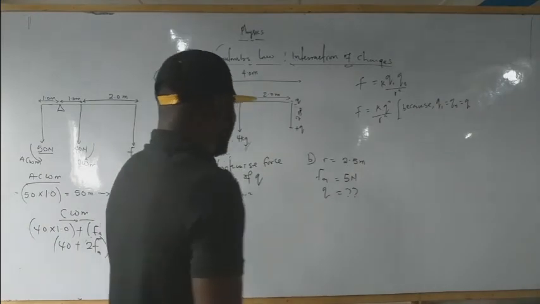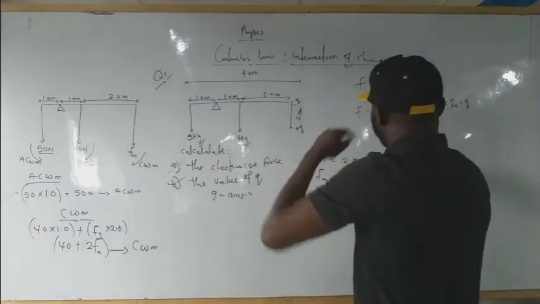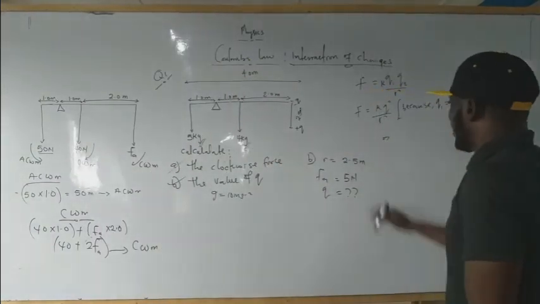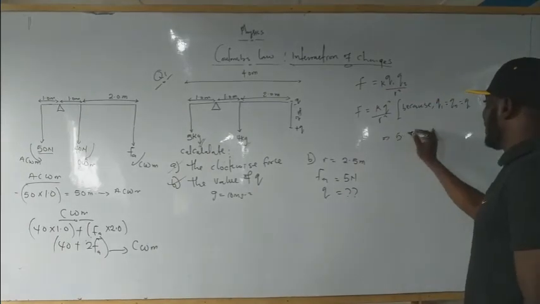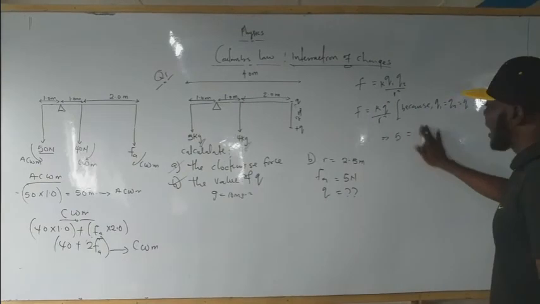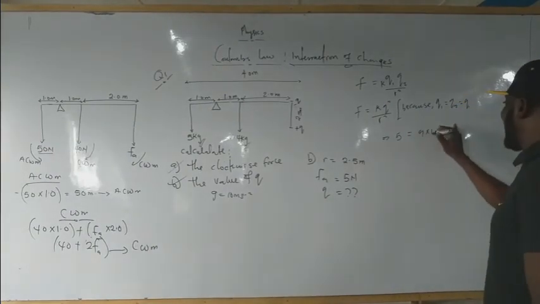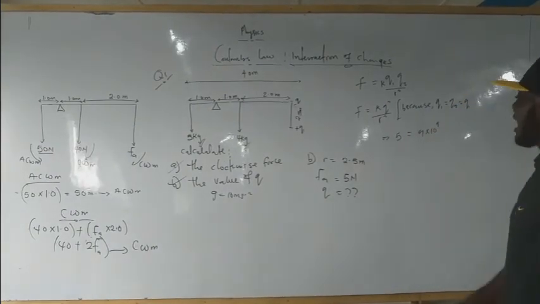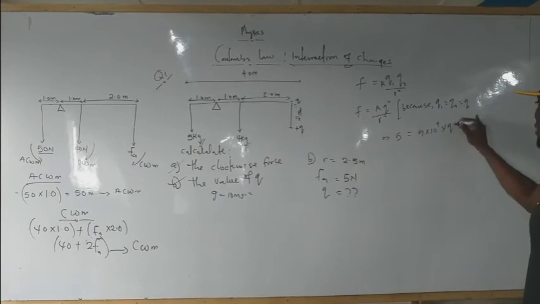So the value of F, the force of attraction between them, is 5 Newton, equals K, which is given as 9 times 10 raised to power 9, times Q squared.